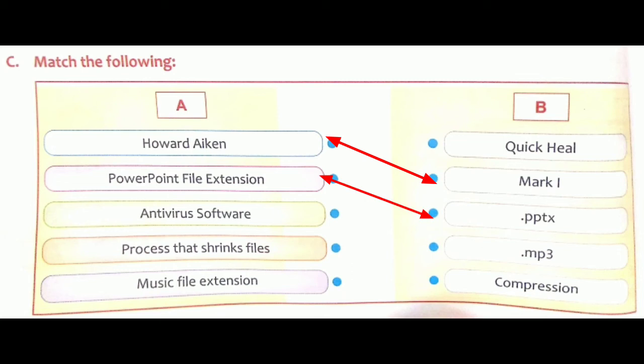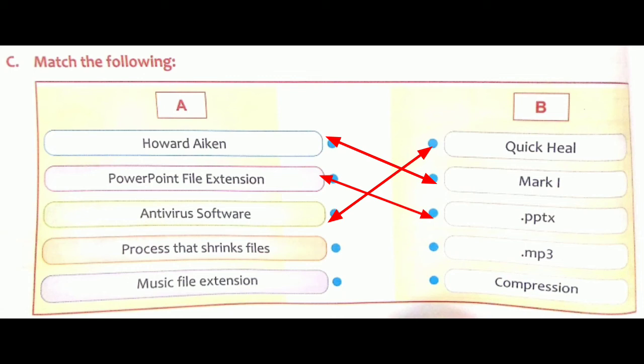The third point in column A is antivirus software. So we have to choose an antivirus software. Here in column B you can see Quick Heal is the match, so match it with Quick Heal. The fourth point in column A is process that shrinks file.